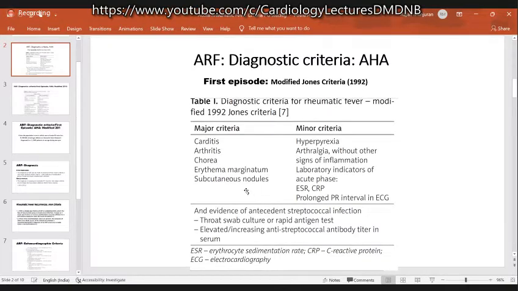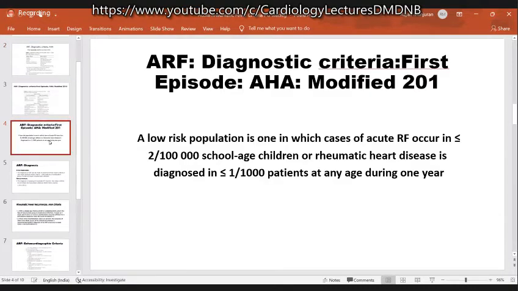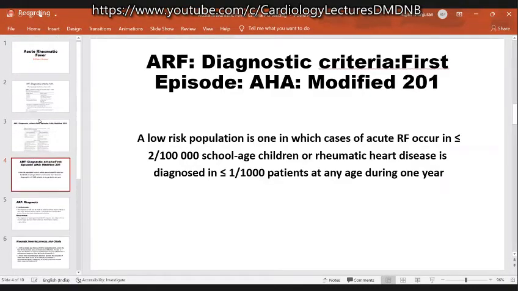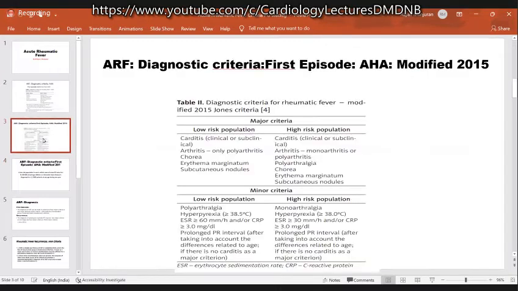And now coming to the criteria put forward by the American Heart Association in 2015. It was modified in 2015, not in 18. And the criteria, Ronak has already mentioned.